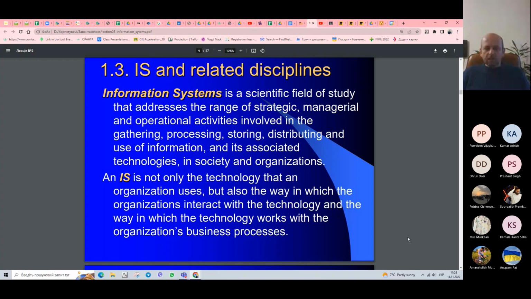An information system is not only the technology that an organization uses, but also the way in which the organization interacts with the technology and the way in which the technology works with the organization's business processes.